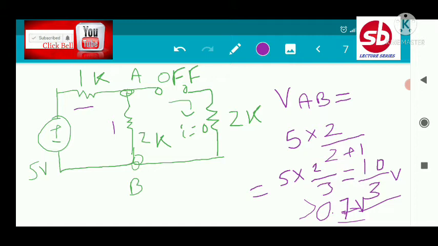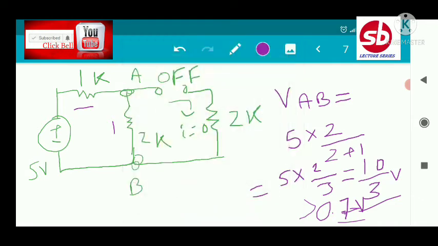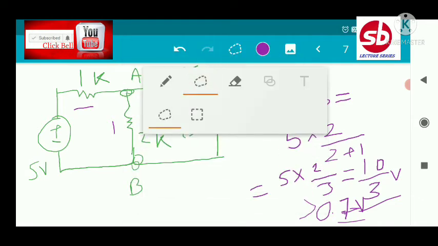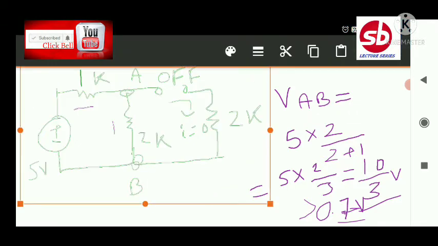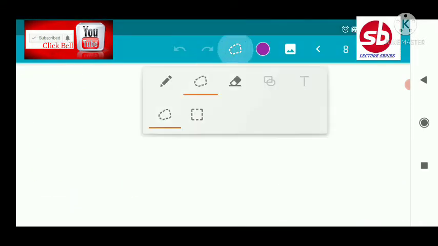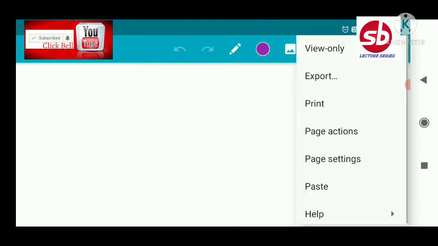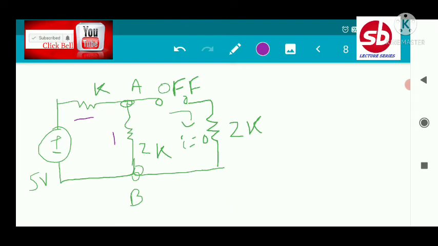I am just redrawing the circuit. Okay, so this is the circuit.